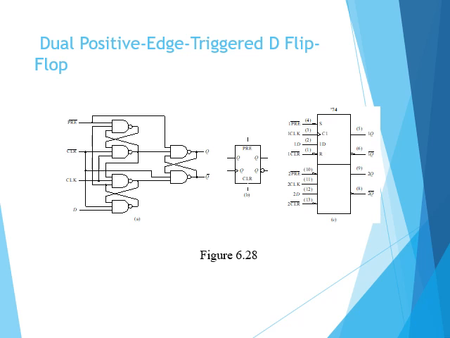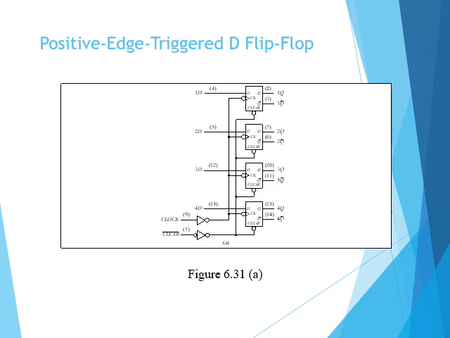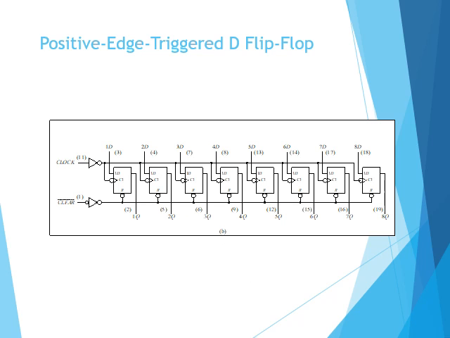This is a dual positive edge triggered D flip-flop, and like that we have the same structure shown. Edge trigger. How the D flip-flop and JK flip-flop are connected is shown.